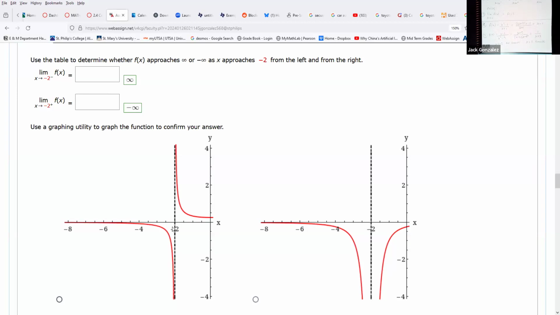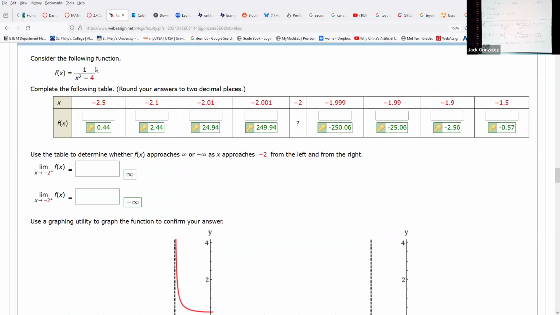So -2, right? If you were to factor this, you'd have 1 over x plus 2 times x minus 2, right?